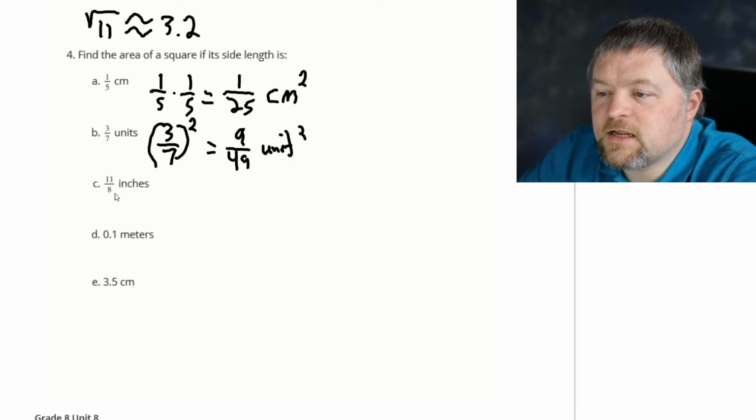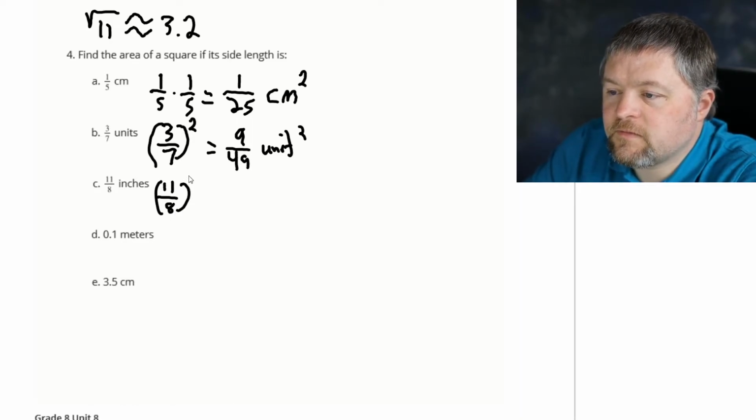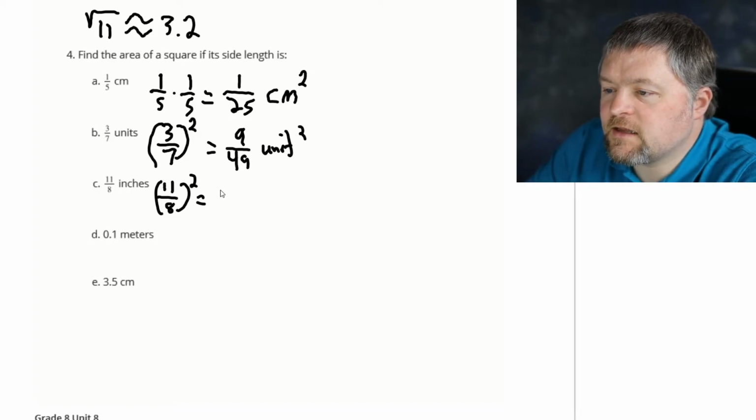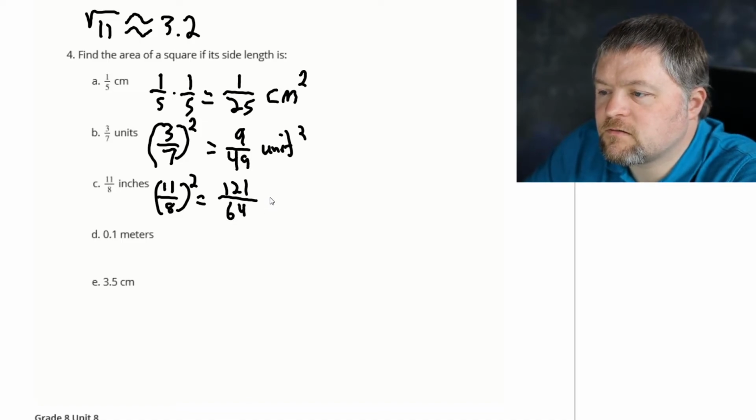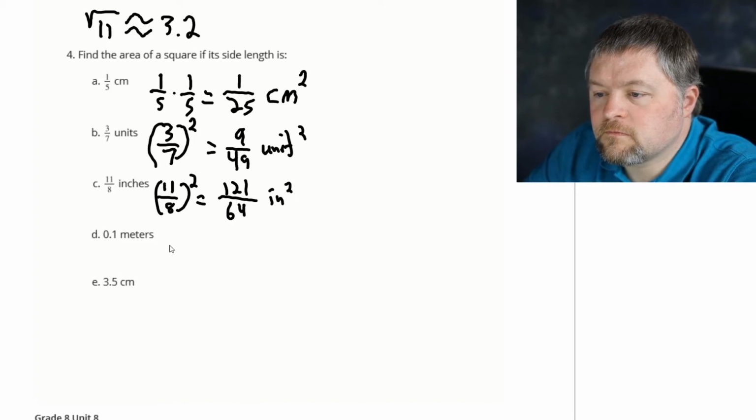Our next one is 11/8 inches. 11/8 squared is 121/64 square inches. Our next one is 0.1 meters.